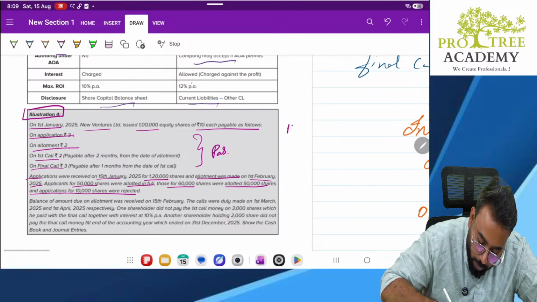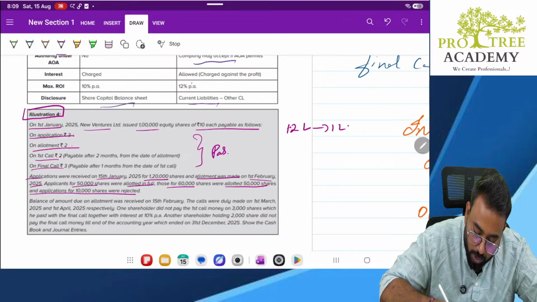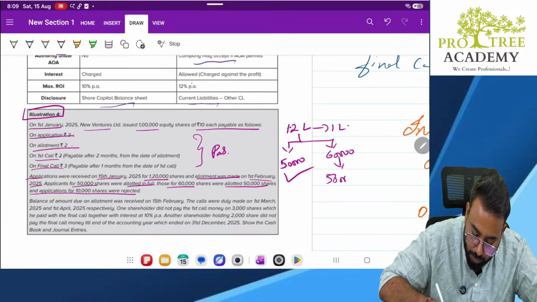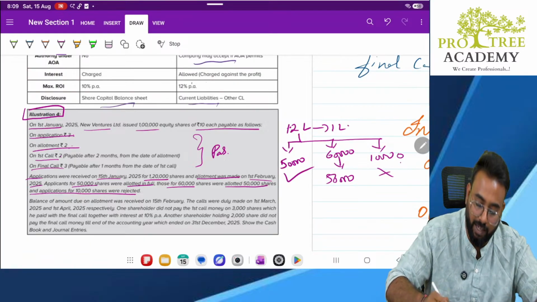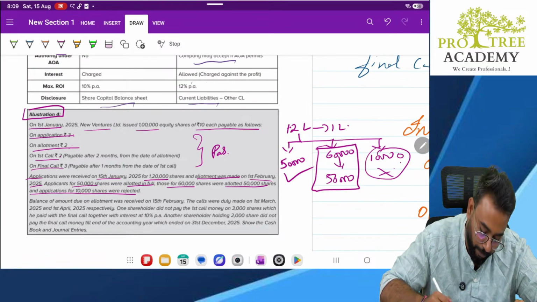See, for 1.2 lakh applications we have received, but how many shares are we giving? 1 lakh. So out of this 1.2 lakh, 50,000 applications were accepted as it is. For 60,000 applications they gave shares of 50,000. For 10,000 we rejected directly. So your excess application money will come only to this part. This money will be refunded. Clear? There will be no excess money for this.